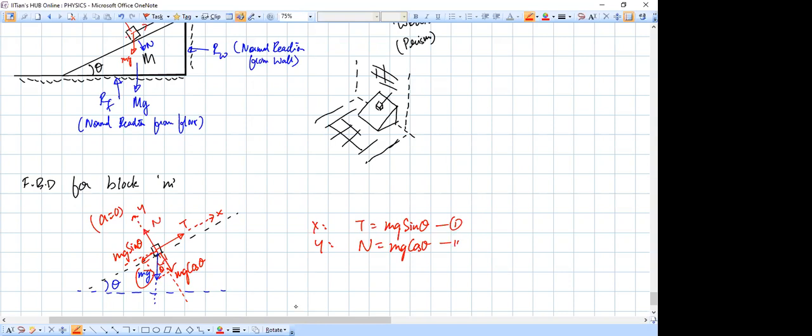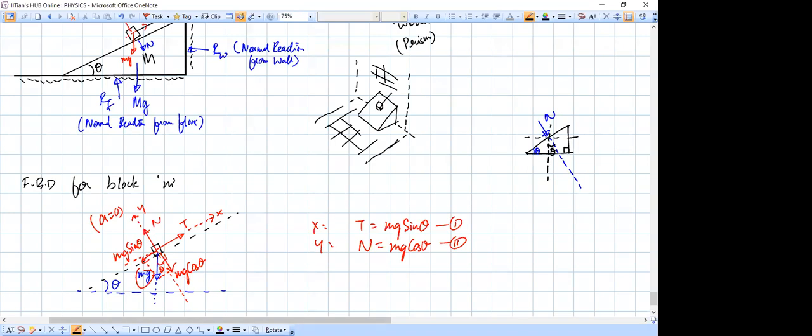Okay. Now similarly, you make the free body diagram for the wedge. So on the wedge, what all forces are acting? Let's first write the forces like this. There is the normal reaction that this guy is applying, that is along this line. So if this angle is theta, you can see that this line is at the same theta to the vertical.